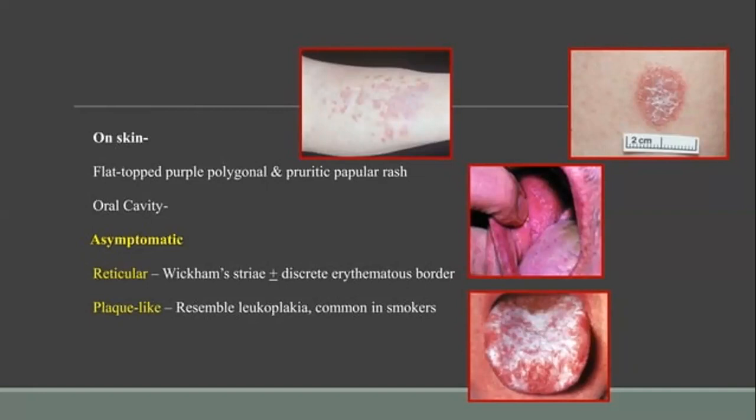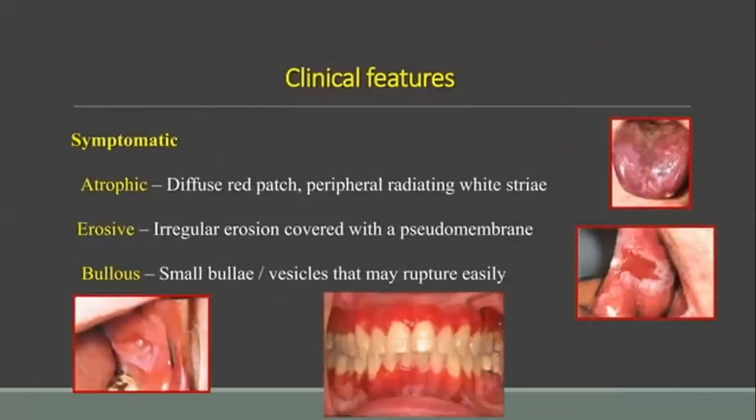In the oral cavity, it may be asymptomatic, reticular or plaque-like. In the reticular type, there are Wickham's striae, plus or minus a discrete erythematous border. In the plaque-like type, it resembles leukoplakia, common in smokers and tobacco consumers.